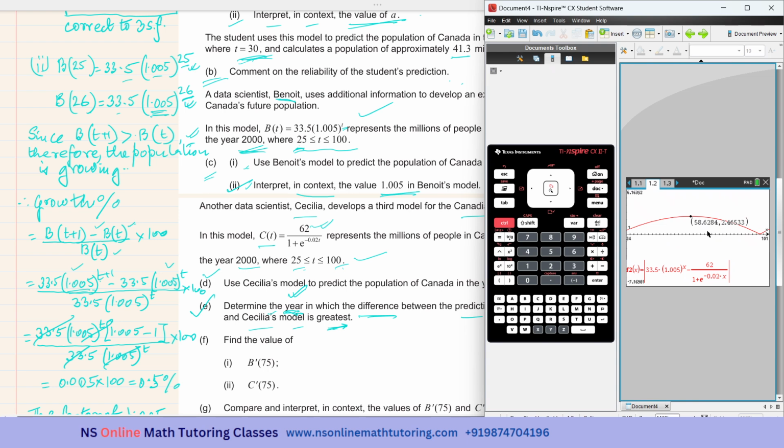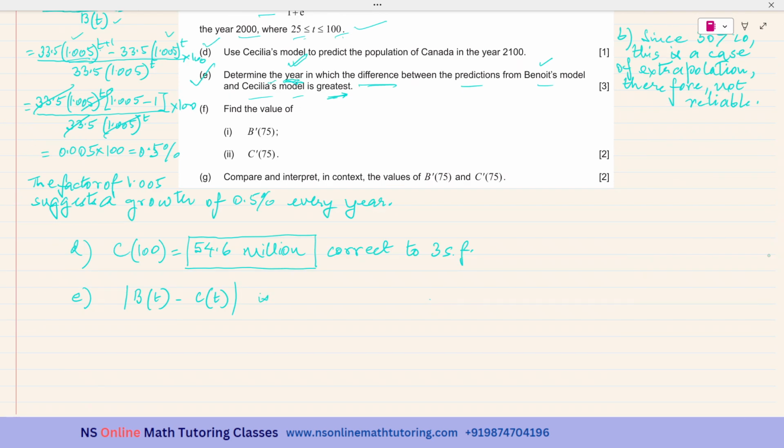It is 58.6. Okay, the difference is maximum when t is equal to 58.6. Therefore, the year is, it will be 2058 and some months. So let us take 2058.